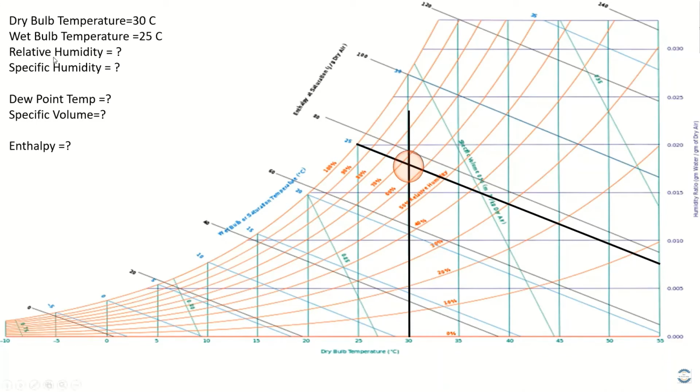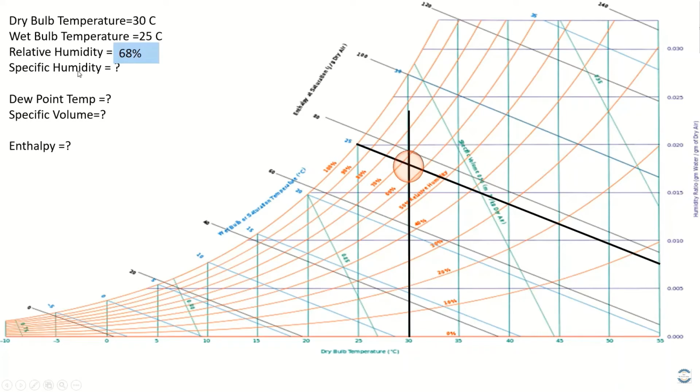For example, relative humidity: my intersection point is between the 60% humidity line and the 70% humidity line. If I draw a line parallel to these lines, then it will be nearest to the 70% line. So my relative humidity is around 68%.